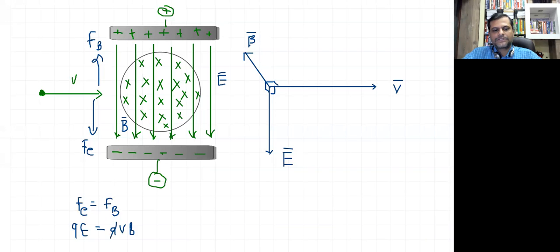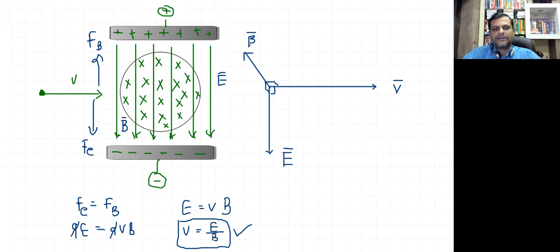The q gets cancelled from both sides and we are left with E equals vB, which gives v equals E upon B. This is the formula for velocity: whenever a charged particle is moving in crossed electric and magnetic fields, we can find its velocity just by taking the ratio of electric field intensity to magnetic induction.